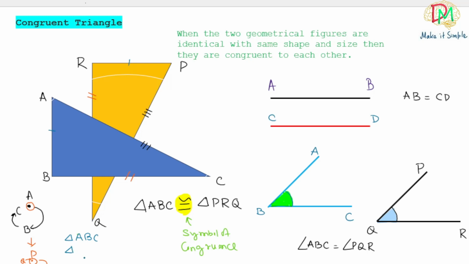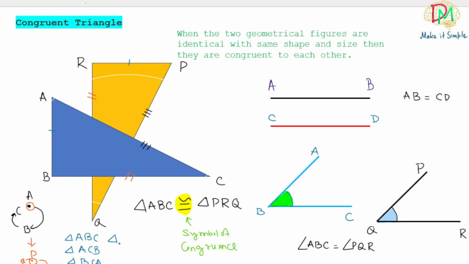And if we start from A but follow the anti-clockwise direction, then we get ACB. Now if we start from B, we get BCA, and if we follow the anti-clockwise direction, we get BAC.